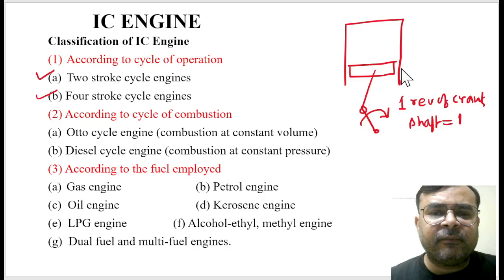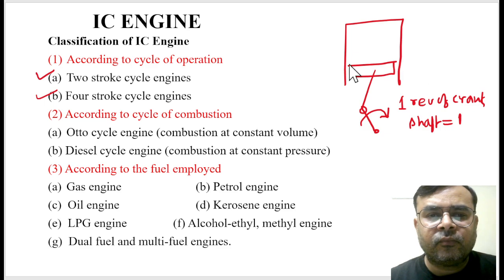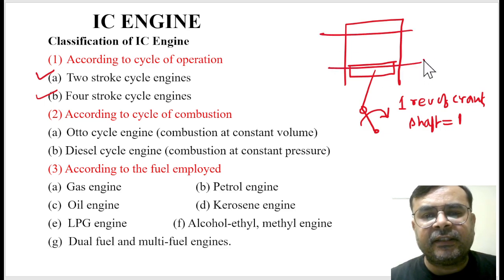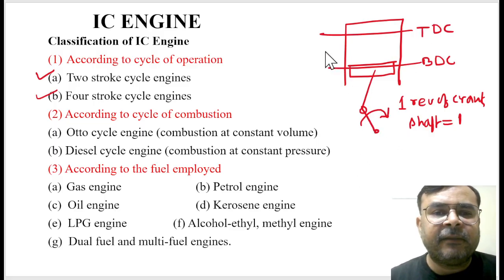Basically the piston can move from BDC to TDC; that means in one half revolution, by a 180-degree revolution of the crankshaft, the piston can move from BDC to TDC.